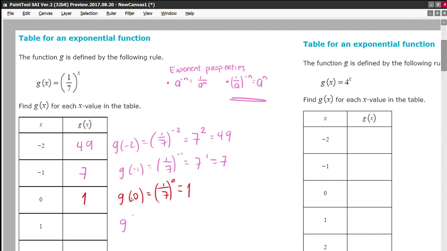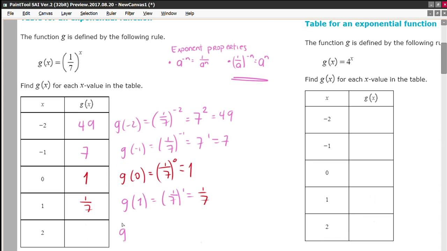Now, if we evaluate in 1, this function is going to be 1/7 to the power of 1, and that is 1/7. So these two are the important points, because if I evaluate this function in 0, the exponential function always gives me 1, and if I evaluate this type of function in 1, I get in return the original base.